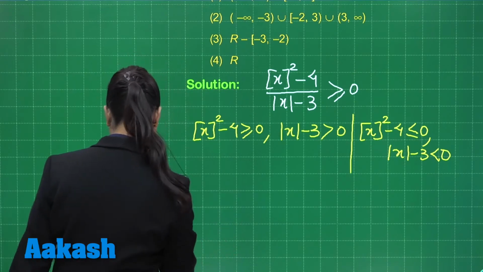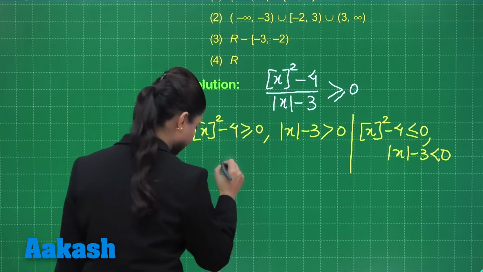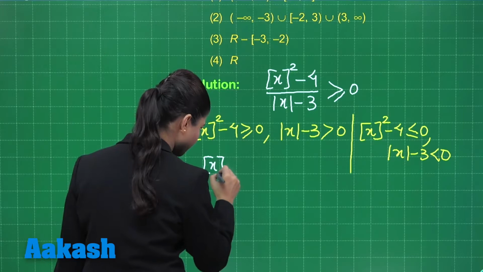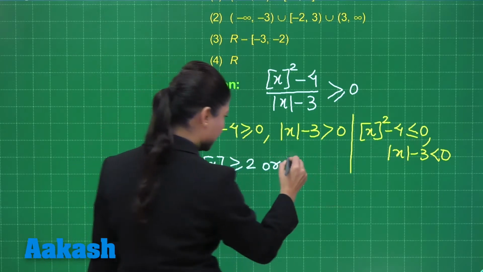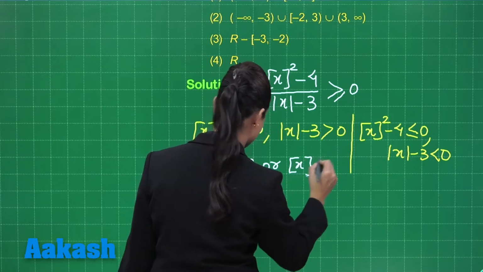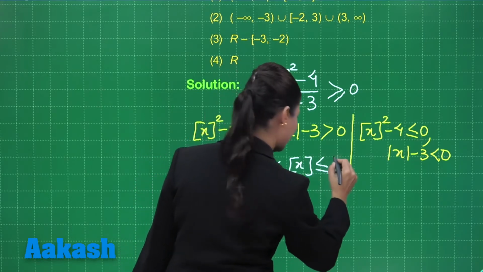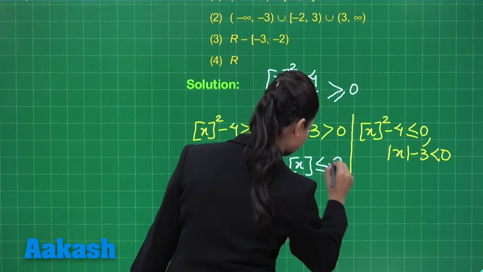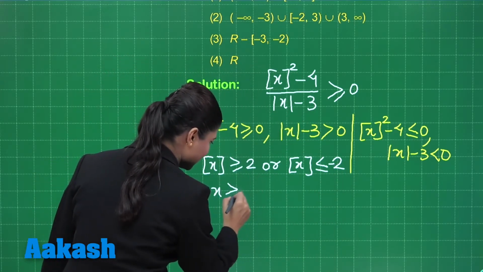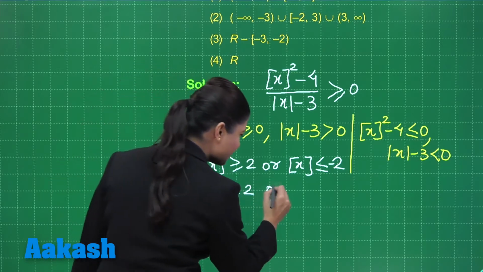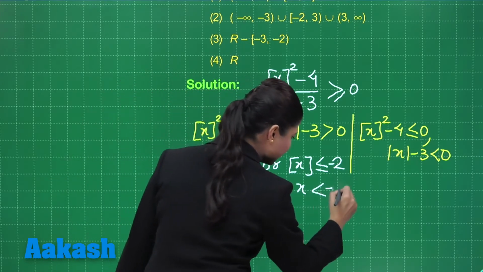According to this condition, you obtain that the greatest integer function of x is greater than or equal to 2, or the greatest integer function of x is less than or equal to minus 2. This comes to the result that x is greater than or equal to 2 or x is less than minus 1.